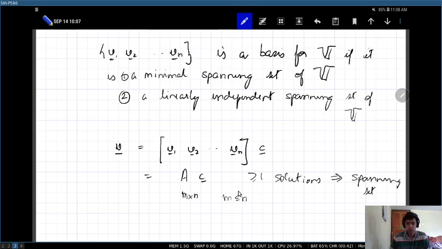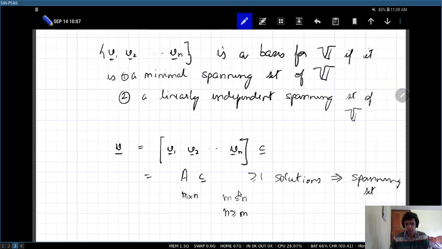right? Now, in addition to requiring this, for v1 through vn to form a basis, the vectors v1 through vn should also be linearly independent, right? And you know that if v1 through vn have to be linearly independent, then that can happen only if n is greater than or equal to m, right?